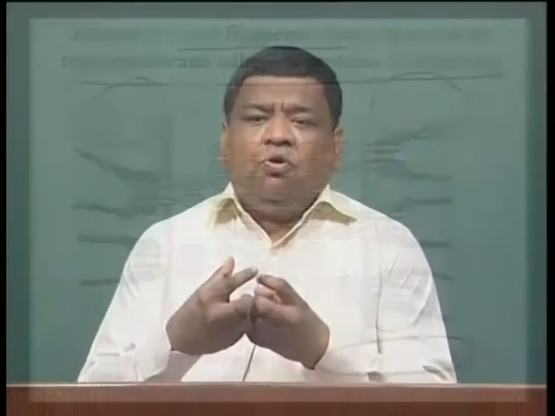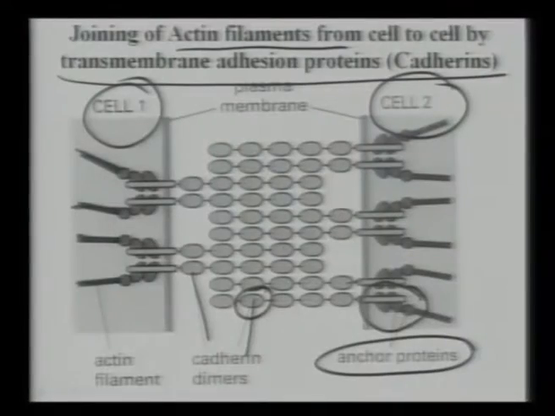And you know how protein complexes form, because a protein has certain anchorage sites, and through these sites other proteins can come together, and two individual proteins can form a protein complex. Similarly, a protein to protein junction is developed between cell 1 and cell 2.